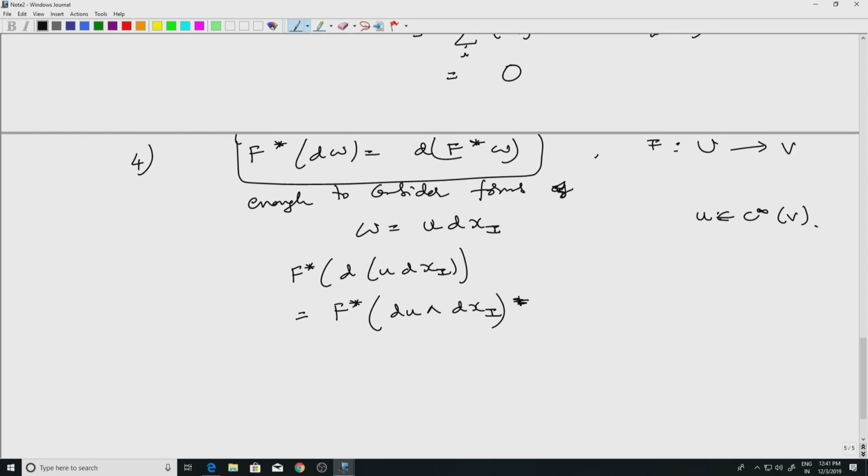So the second term will be 0, and I'll just get f star du wedge f star dxi.